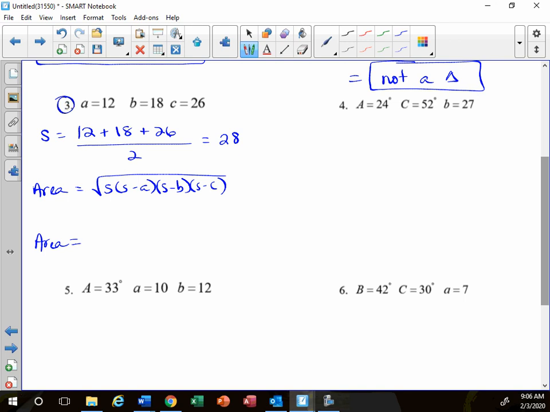Three decimal places again. What are we getting, guys?